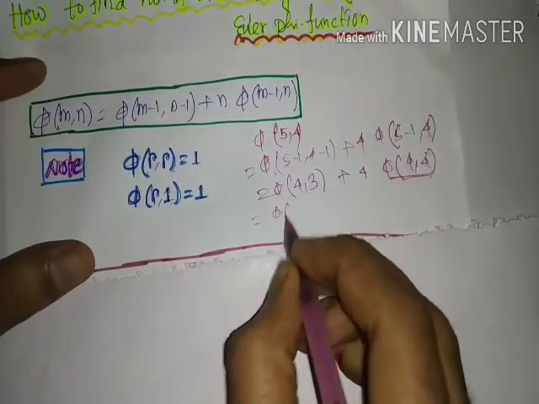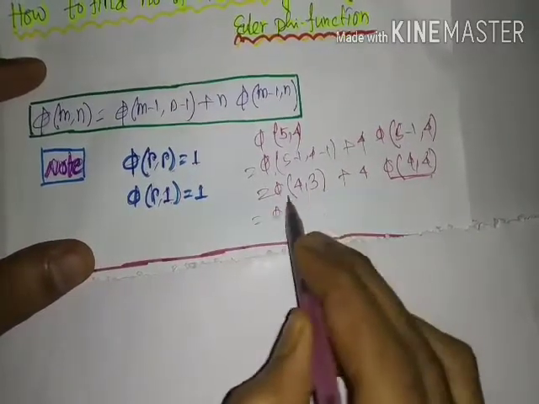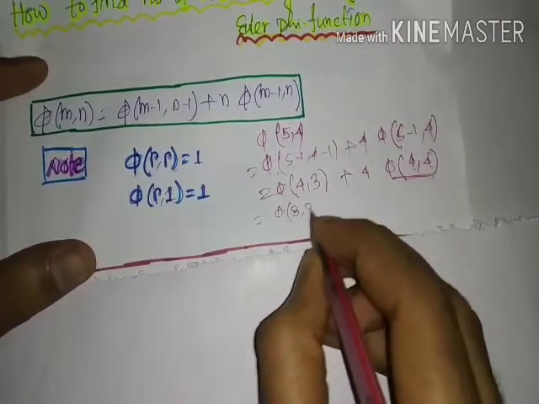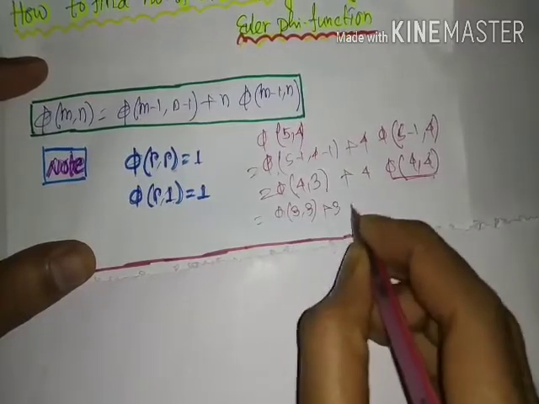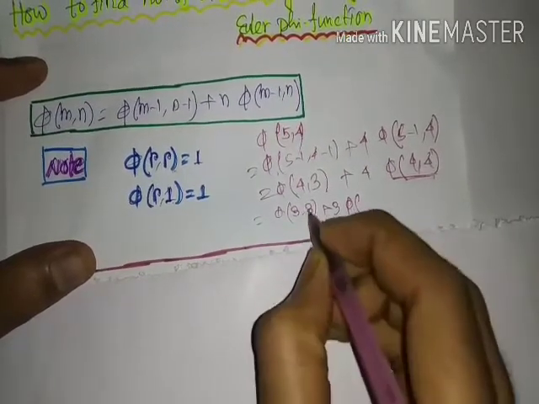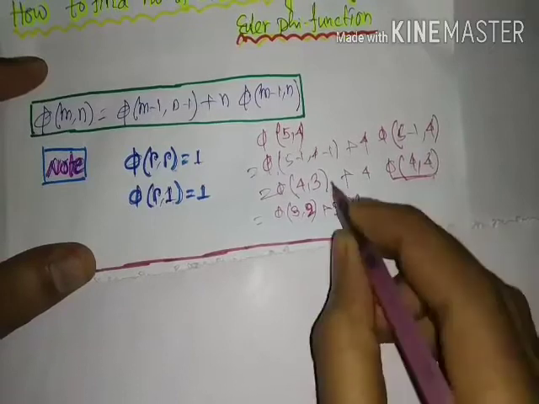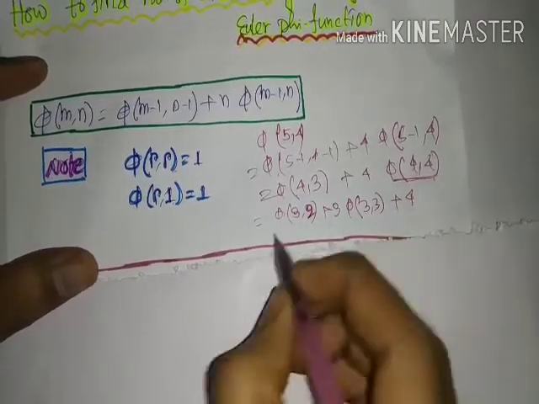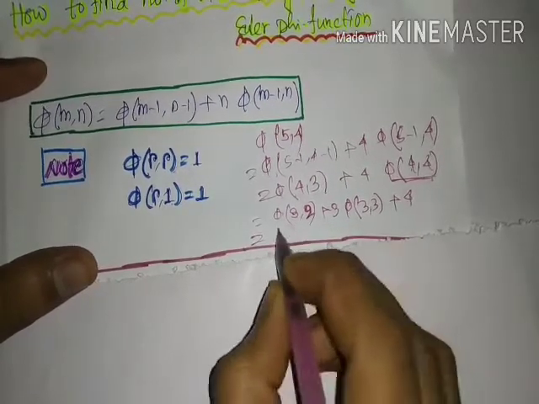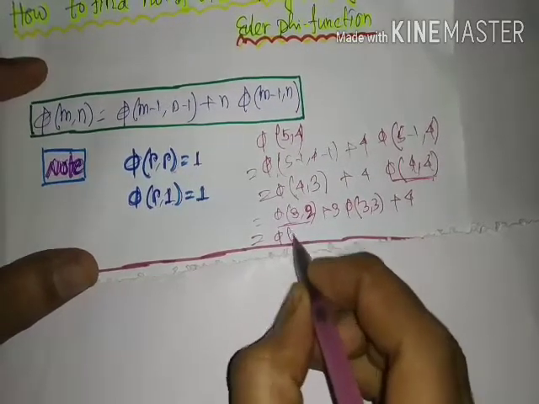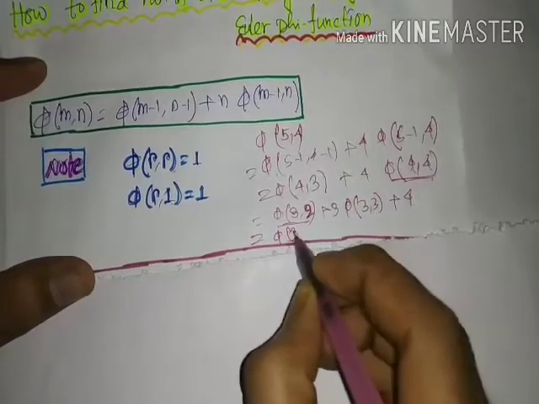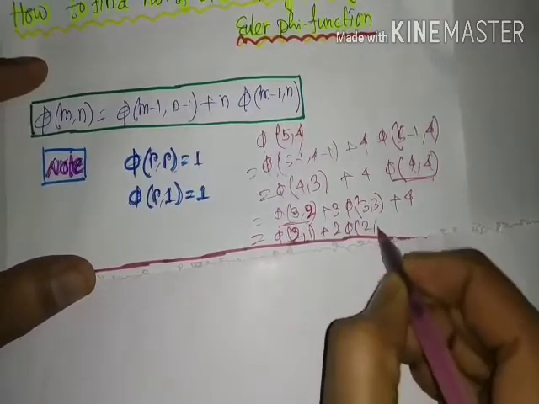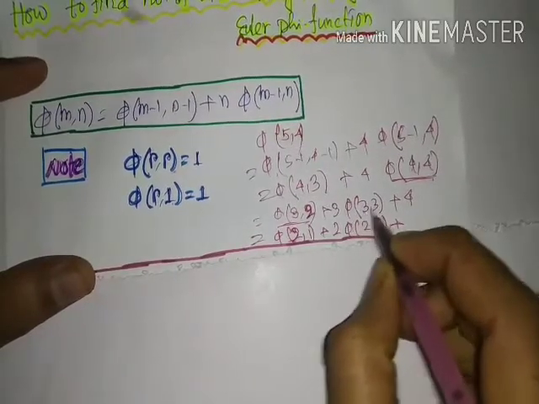Again we apply this formula for this. Both decrease plus second into first decrease. So phi of (3, 3), this is 1. Again we apply here: phi of (3, 2) gives phi of (2, 1) plus 2 into phi of (2, 2). Value of this is 1.